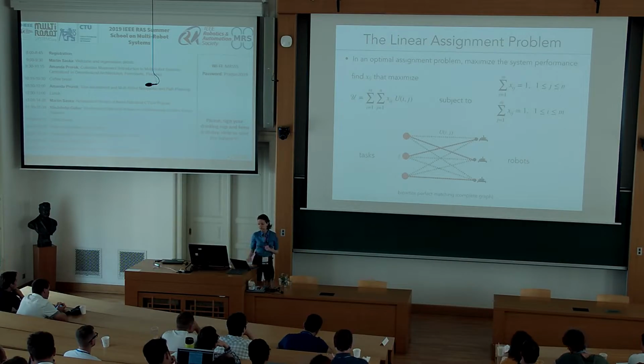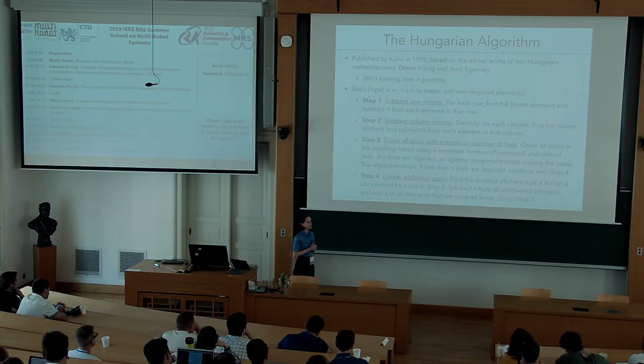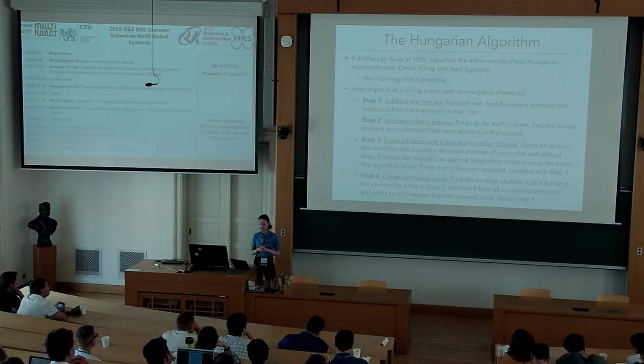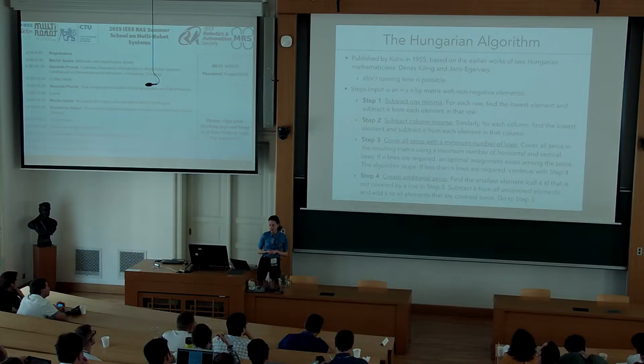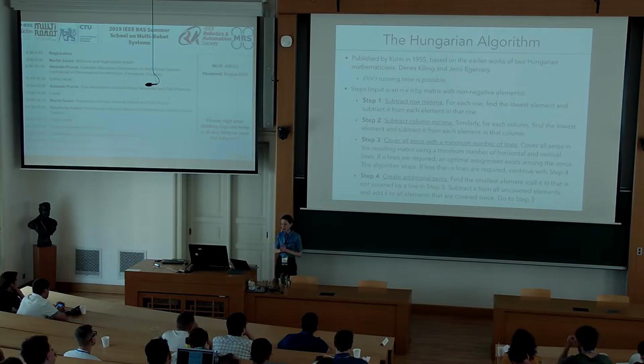The classical go-to algorithm that solves this optimal bipartite graph matching problem is called the Hungarian algorithm. It was published by Kuhn in 1955 based on earlier works of two Hungarian mathematicians, Koenig and Egerváry. Basically, what Kuhn did is summarize this algorithm into 4 key steps, which are very simple and are essentially operators on a given assignment matrix.